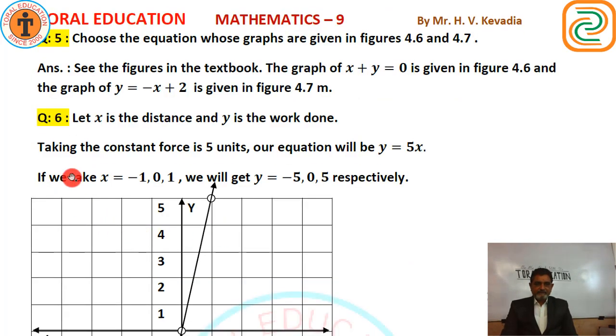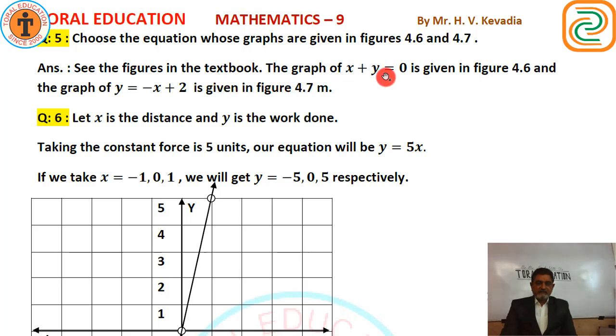Fifth question. Choose the option from the choices given below. Choose the equation whose graph are given in figure 4.6 and 4.7. Friends, 4.6 and 4.7 are the figures given in the textbook, so see the figures in the textbook.